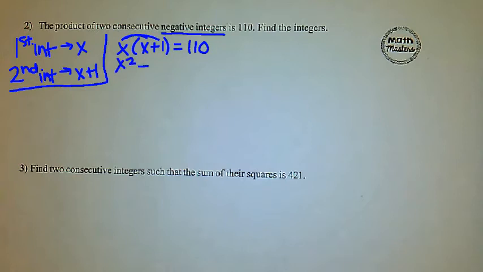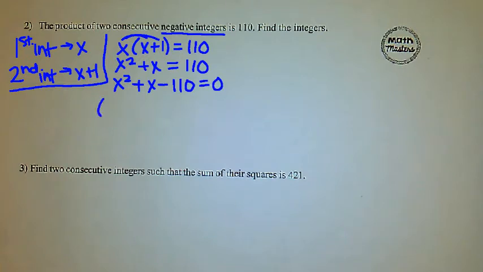So x squared plus x equals 110. Okay, so I skipped a step. I'm just subtracting the 110 over. Okay, two factors right next to each other.